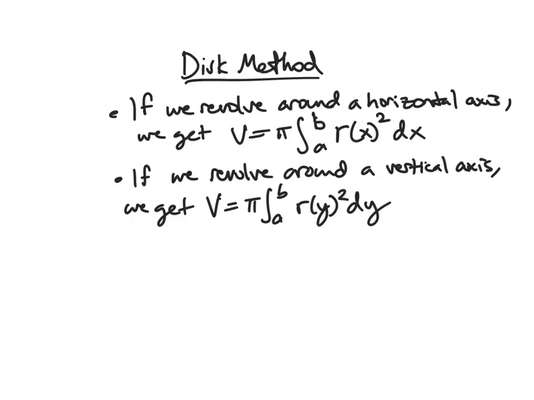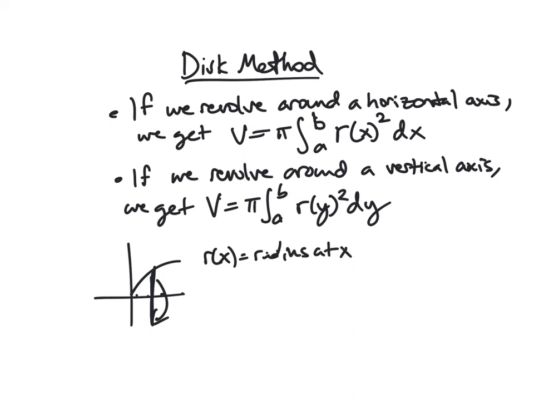Okay, so the disk method in general, what we just saw, is that if we revolve around a horizontal axis, like the x-axis, or it doesn't even have to be that, it could be any horizontal line, then we're going to get vertical cross sections. So if you revolve around this, you're going to have vertical cross sections, and you're going to be integrating with respect to x. And so this r of x is just your radius at x.